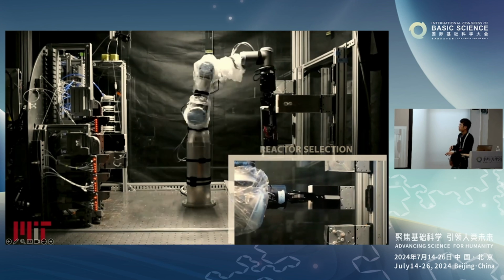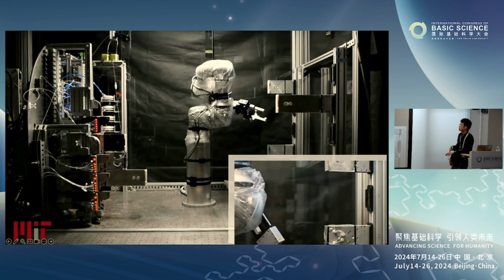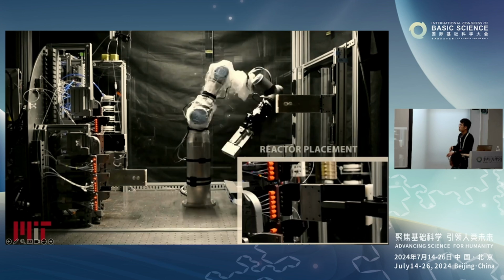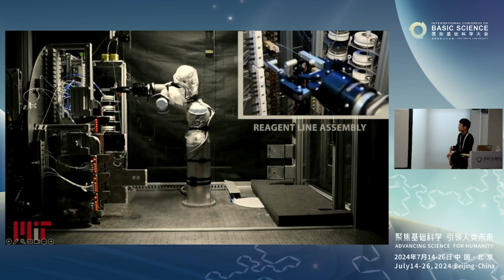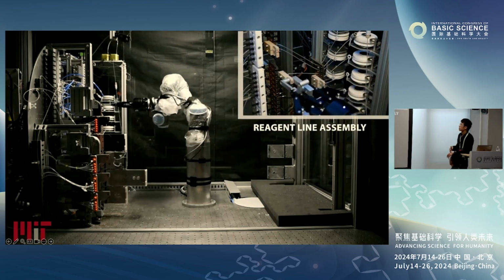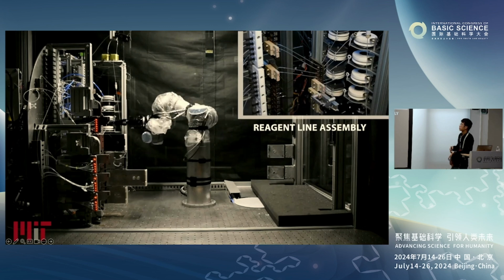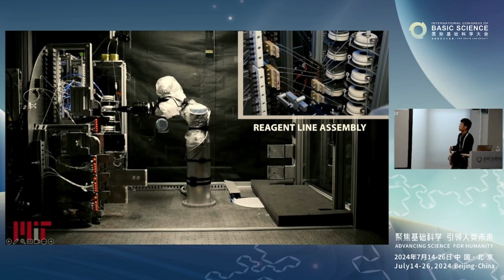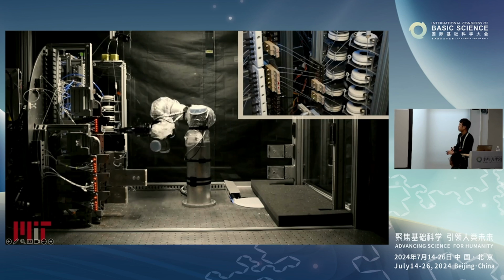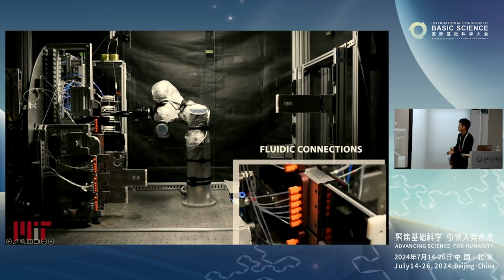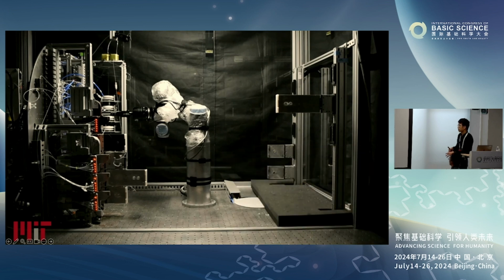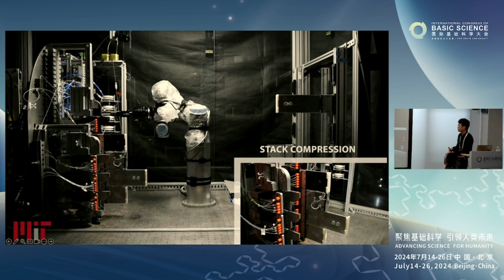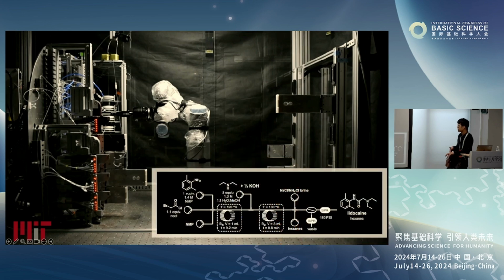But you can see how the robotic arm is working to assemble the necessary reactor modules to make this system and make these tube connections to have the right material flow, and it can close the reaction system and start the feed to carry out this kind of multi-step synthesis.